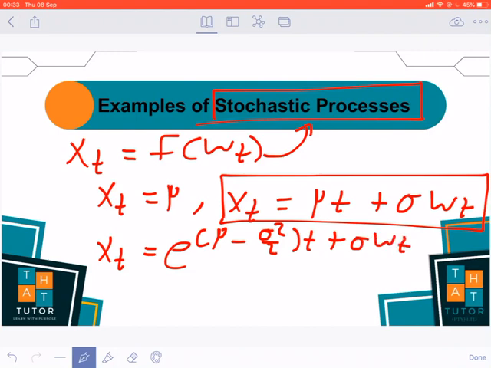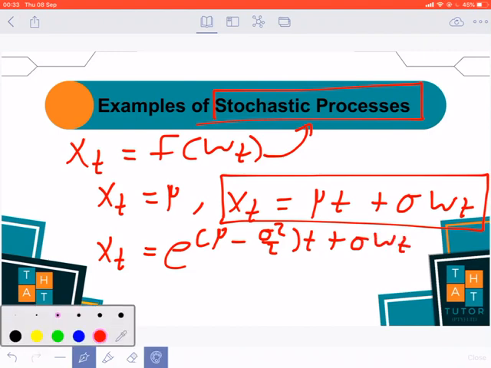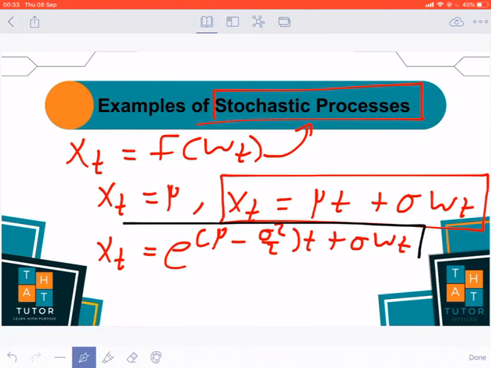Even this is a process that is influenced by a Wiener process, or by a Brownian motion. So X of t is still a stochastic process, because as you can see, obviously there's W of t in the function. It is explicit. You can show that this function is influenced by a Brownian motion.